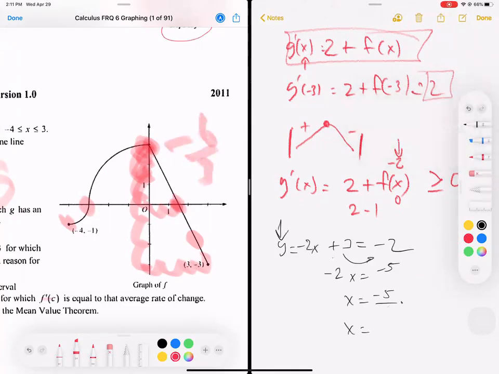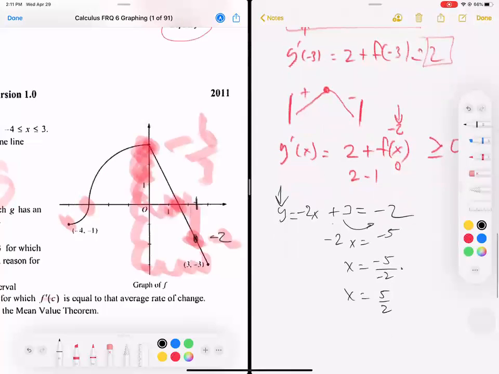So that's a negative 2x. Divide by negative 2, it's 5 over 2. So at 5 over 2 or 2.5, our y value is negative 2. Okay, at 2.5, our y value is negative 2. So that's the only critical point we have.